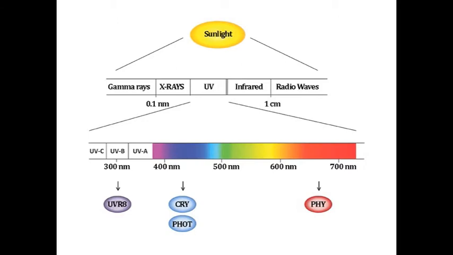Plants have several types of photoreceptors for perception of different parts of the light spectrum, ranging from near UV wavelengths, that is from 280 to 315 nanometer, to the far red region with a wavelength of 750 nanometer.